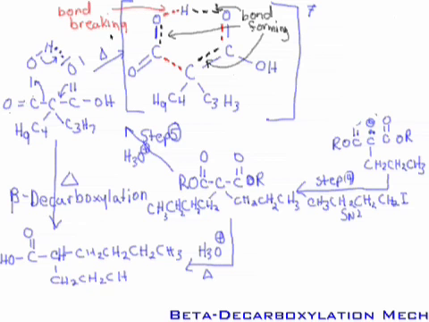And this mechanism we covered in carboxylic acids is known as beta-decarboxylation. It's a pericyclic movement of electrons.